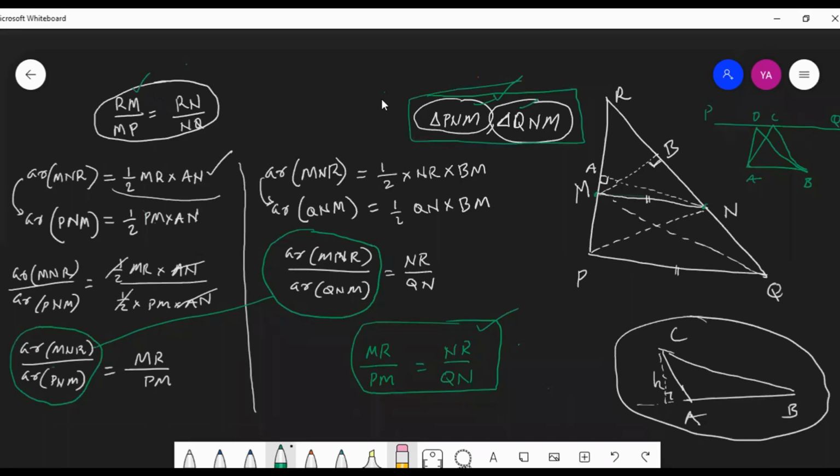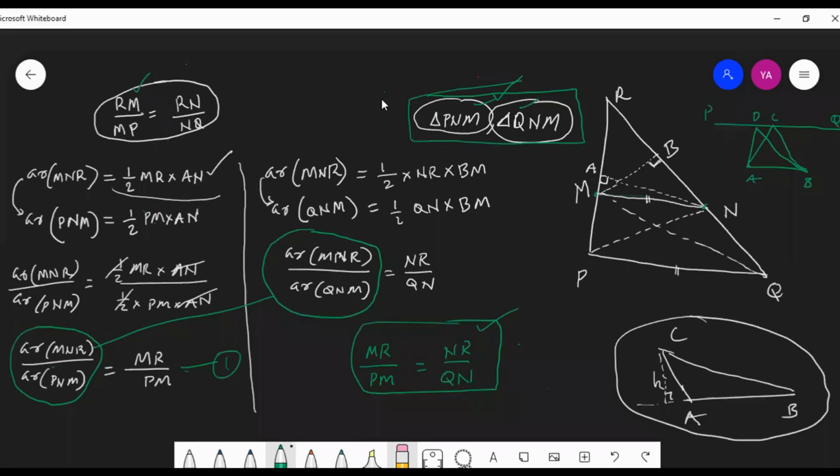Area of MNR, if MR is taken as base, will be half into MR into AN, because AN is the perpendicular from N to MR. And area of PNM is half into PM into the same height AN. If you divide these two, you will get MR by PM, equation number 1.